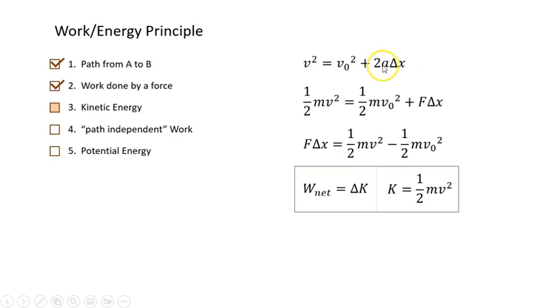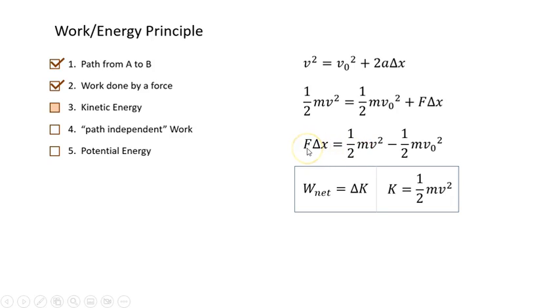Mass times acceleration, that's force, and I have my displacement delta x. Now if I just rearrange terms, I have force times displacement is the difference in these forms, 1/2 mv squared. It turns out that we can define the kinetic energy to be 1/2 mv squared.